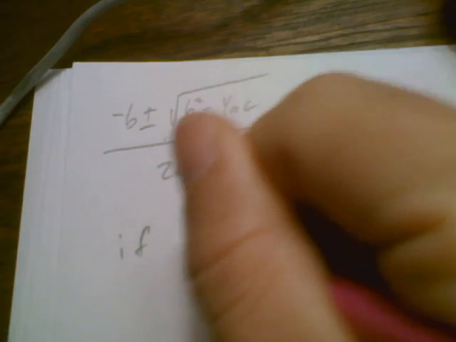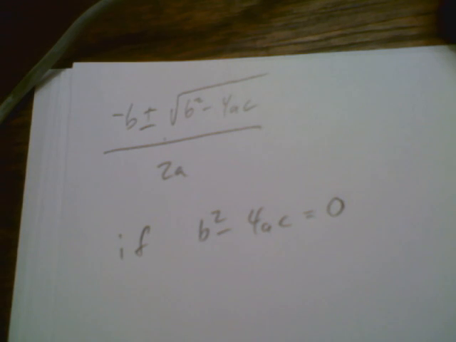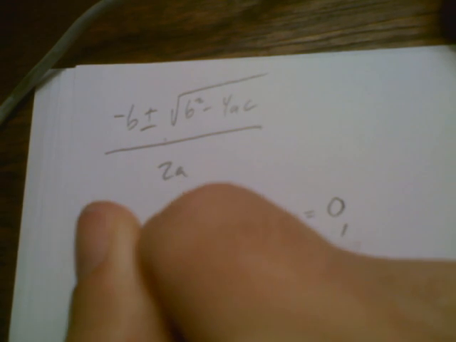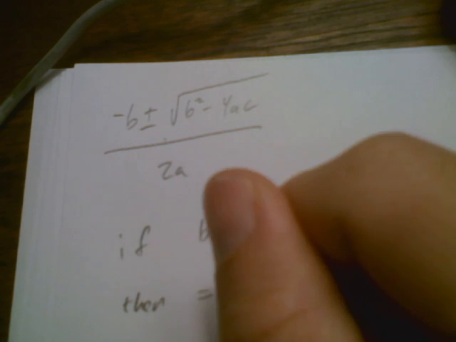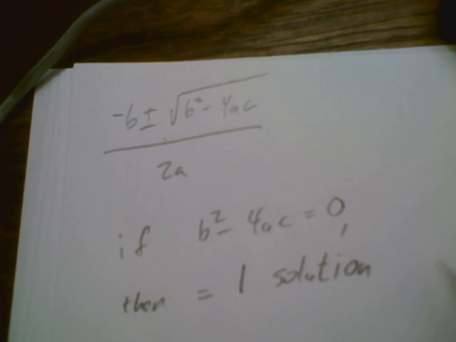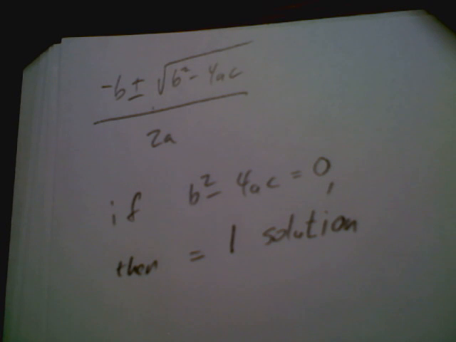If b squared minus 4ac is equal to 0, then there's only one solution. If it equals anything but 0, it's going to have two solutions.